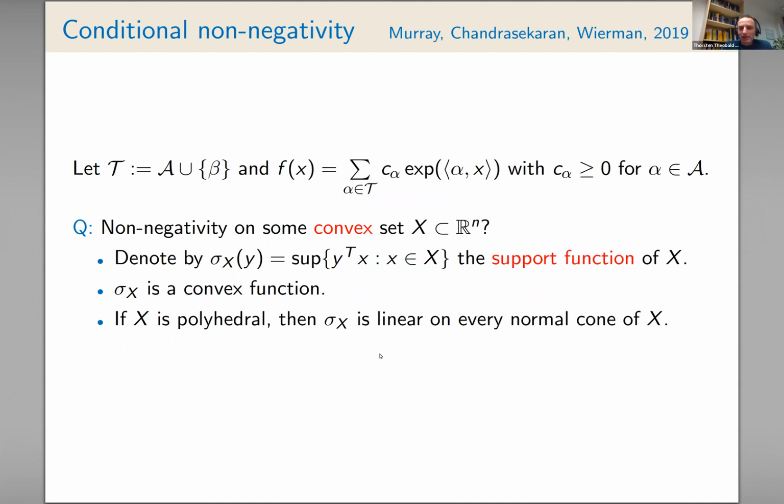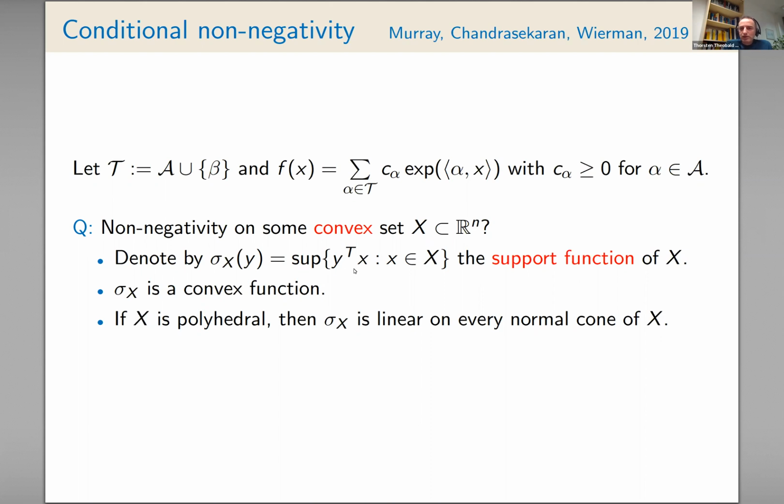So now we come to this very nice approach for convex constraint sets. Here we work with a convex constraint set, which is called X. And I assume that I have access to the support function of X. The support function, which is defined in this way as the supremum of y transpose x over all x in X, is a well-known classical convex geometric functional.